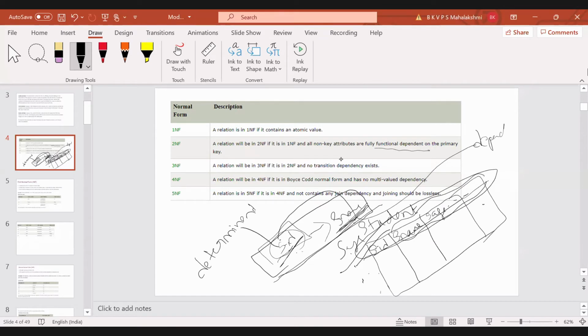So note down here: the left side attribute is the determinant and the right side one is the dependent. This is the functional dependency terminology. I'll tell you later about third, fourth, fifth normal forms and BCNF. BCNF is not included here, but I'll tell you about that also.